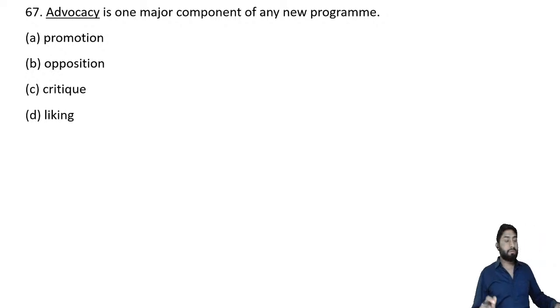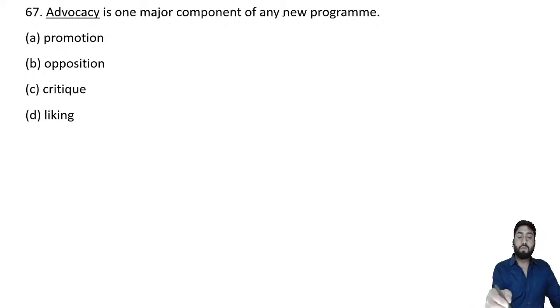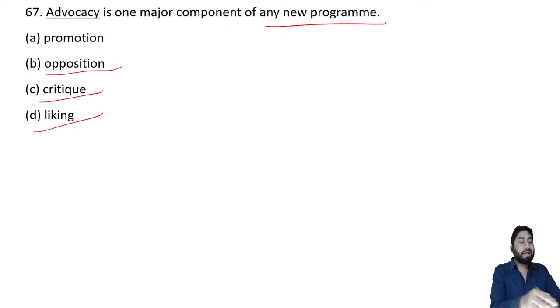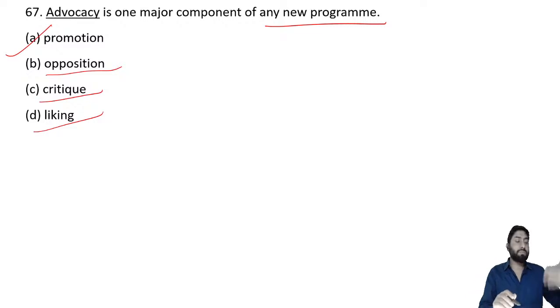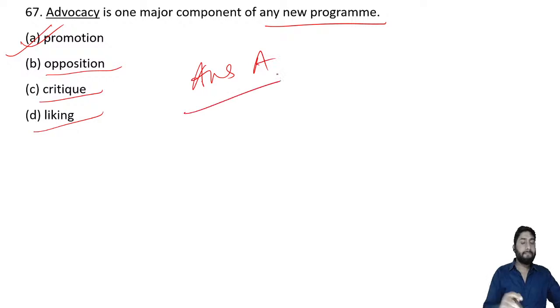Advocacy is one major component in any new program. For the synonymous word of advocacy, opposition it won't be, critique it is not, liking it is not, promotion. That's it with advocacy. Advocacy means speak for that, right? Advocate, advocacy. You speak for that means you promote it. That's the answer here. So the answer is A for this one.